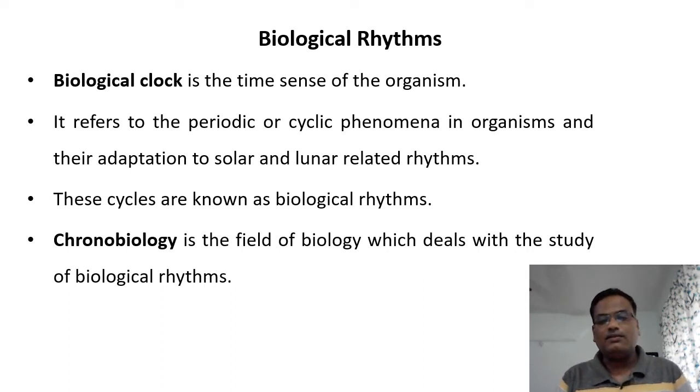So these cycles are known as biological rhythms. Chronobiology is the field of biology which deals with the study of biological rhythms. So there is a branch of biology called chronobiology, and it is mainly associated with the study of biological clocks. Of course, chronobiology is also associated with evolutionary study.